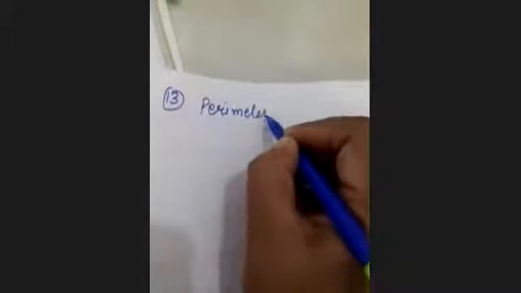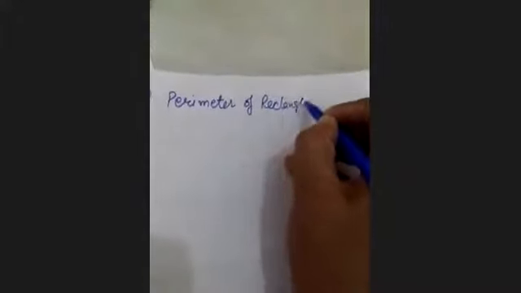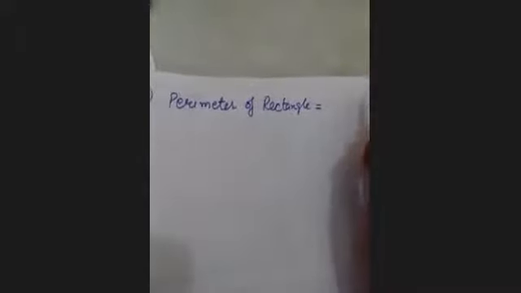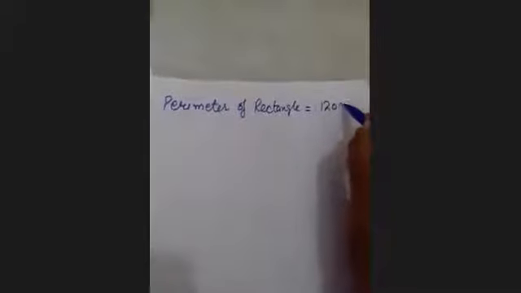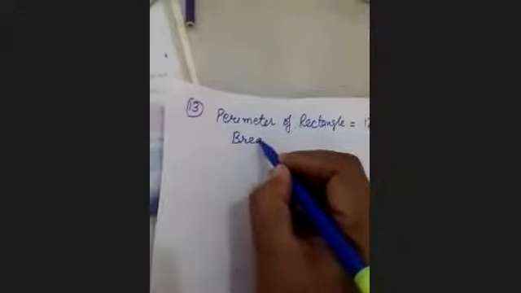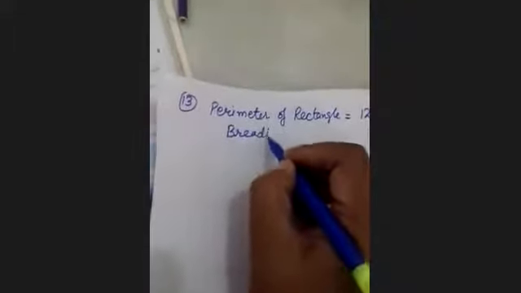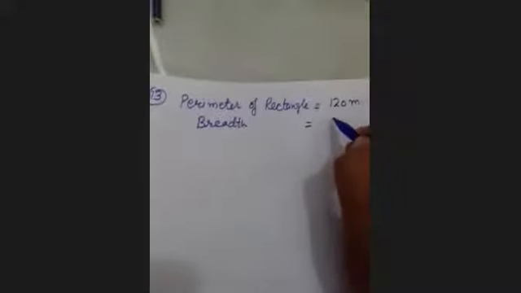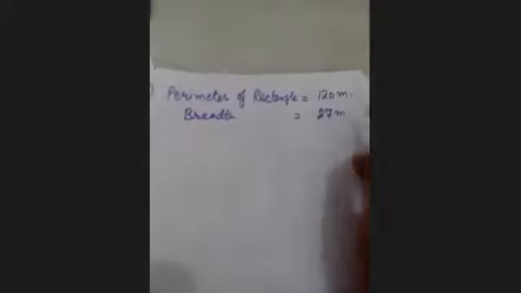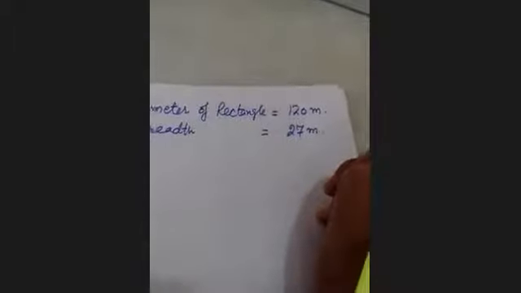Perimeter of rectangle is 120 meter and its width is 27 meter. Now find its length.